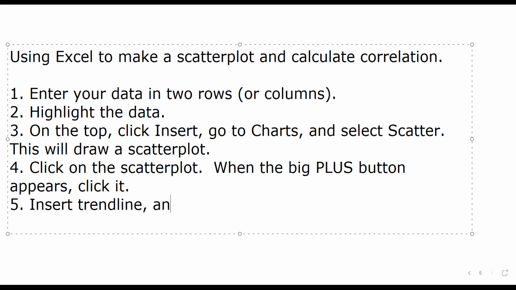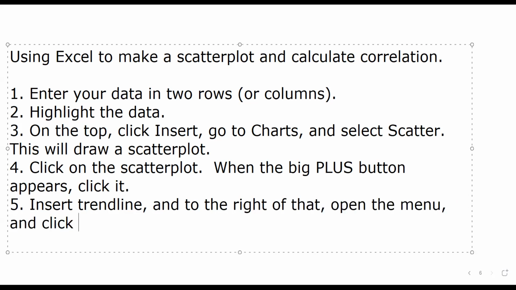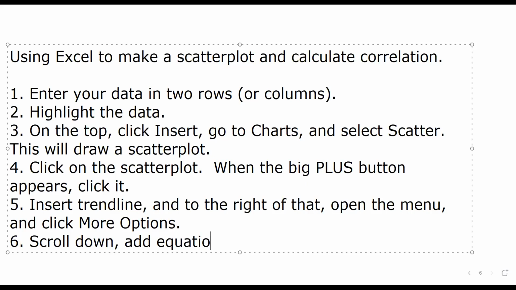Insert trend line, and to the right of that, open the menu and click more options. This is easier to do than it is to type out all these words. Scroll down and add the equation and the value of R squared.